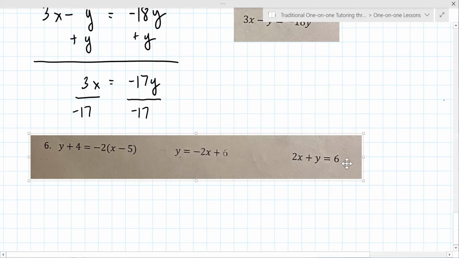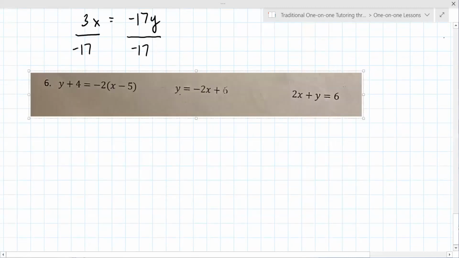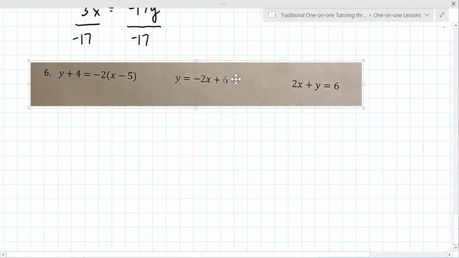Either the one on the left or the one on the right? Because the middle one's already solved for y. Okay. All right, we're good. Okay, so we're getting on to that one. Yes. Okay.